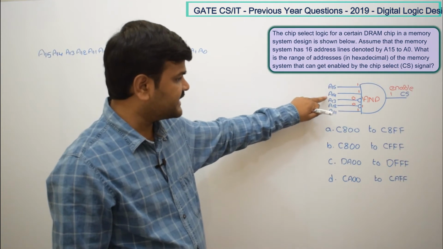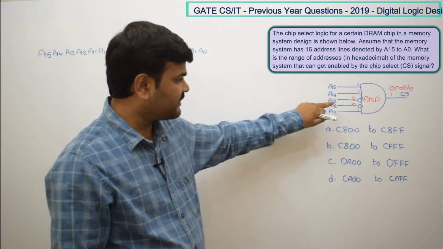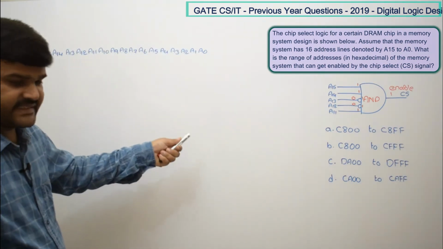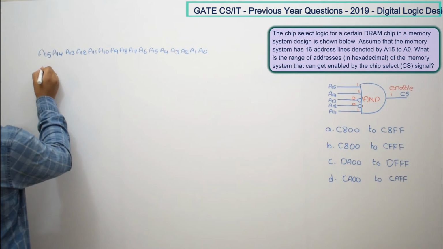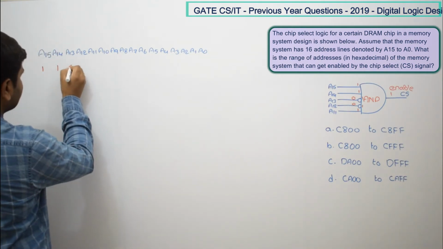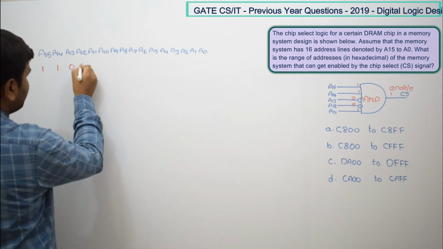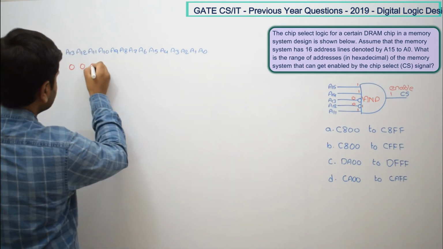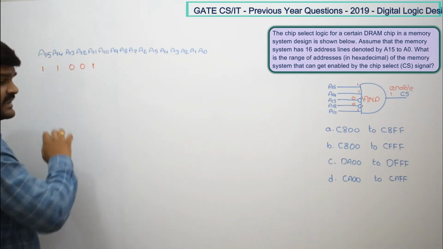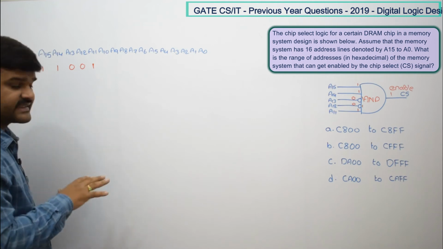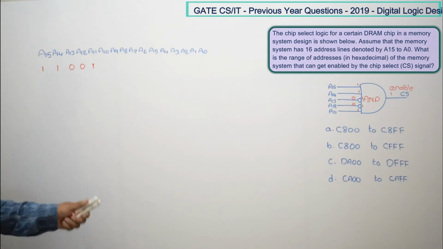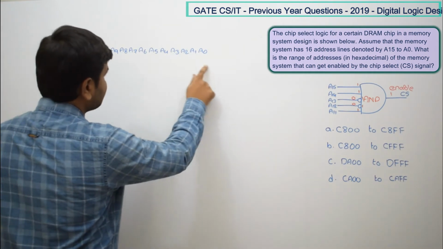A15 is 1, A14 is 1, A13 is 0, A12 is 0, and A11 is 1. So these are the 5 inputs for these address lines that are fixed from the given chip select.